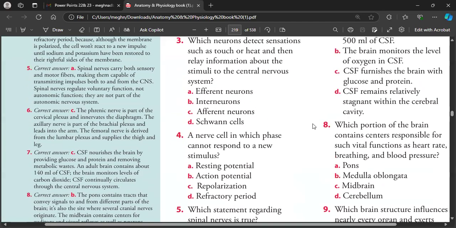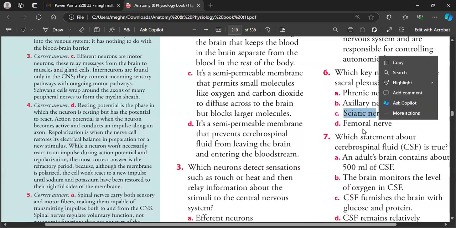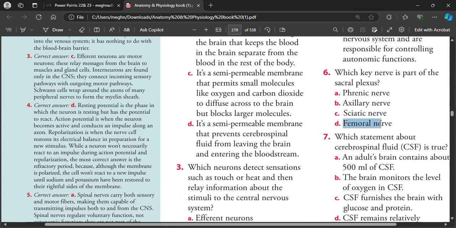And now we go for this one. Can you read it? Which key nerve is a part of the sacral plexus, right? Okay, so phrenic nerve, axillary nerve, sciatic nerve, right? Oh yeah, you're right. She said sciatic nerve and also the femoral nerve.